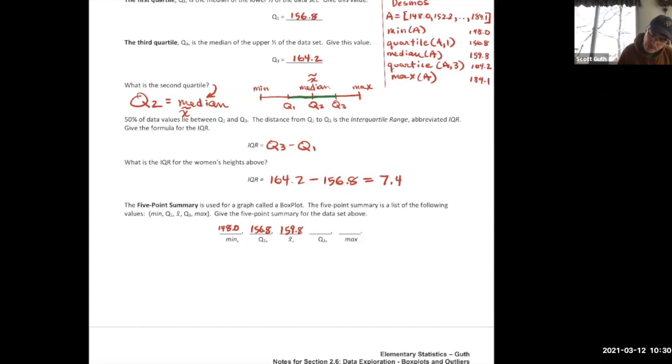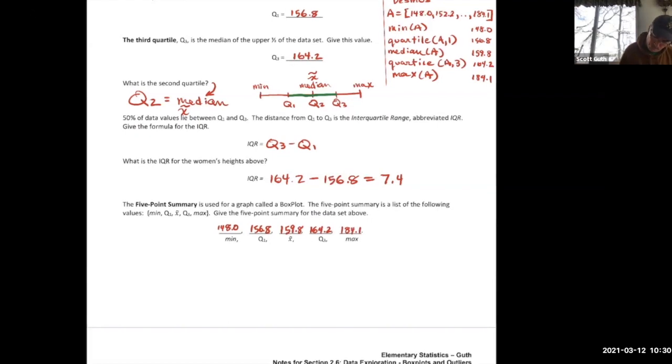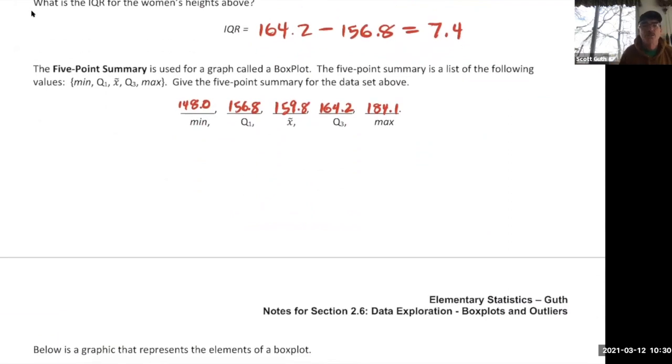The third quartile is 164.2. And then the max is 184.1. So those 5 dividers make the 4 groups, which are each 25% of your data set.